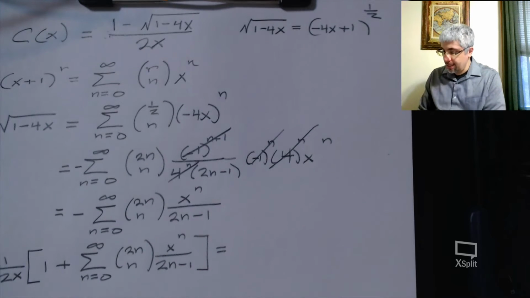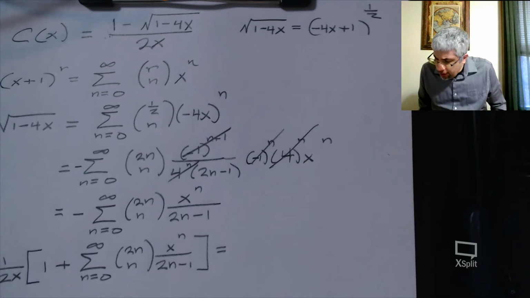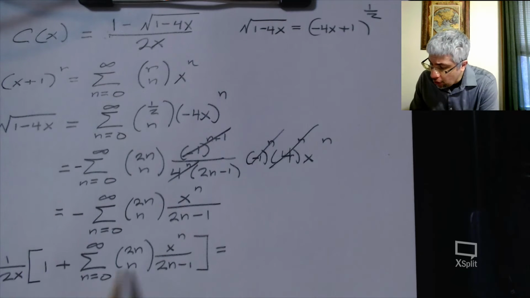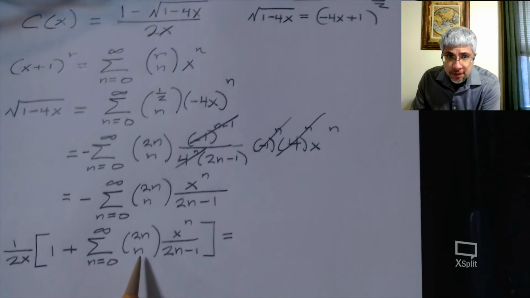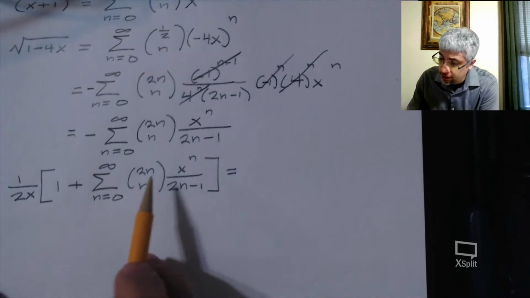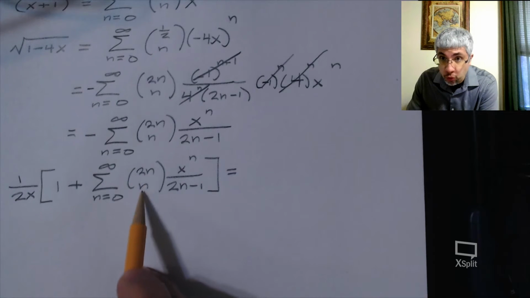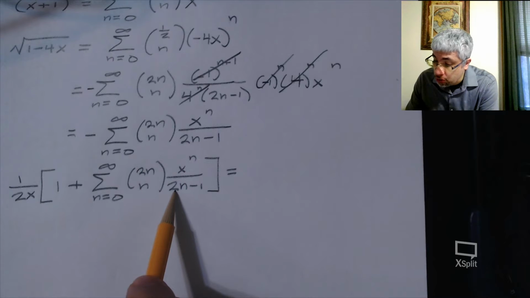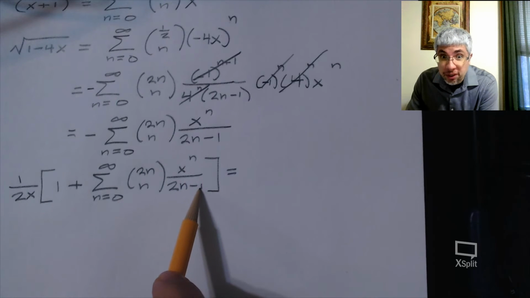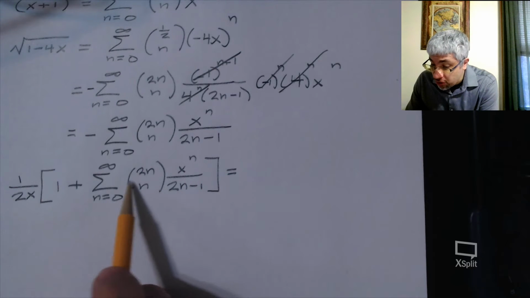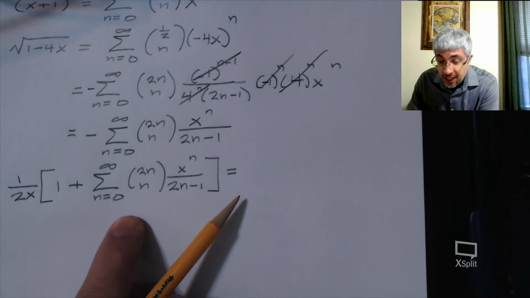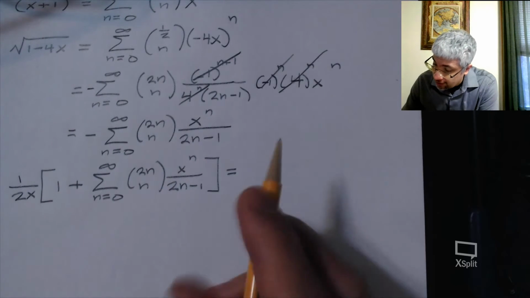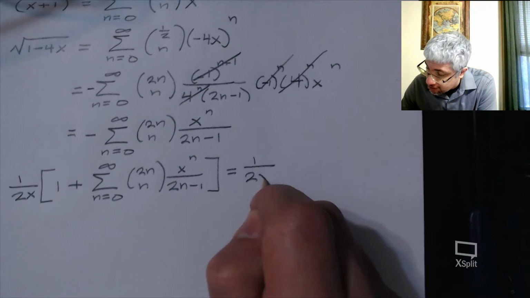So let's see what this is. One thing I could do is look at the very first term over here. The very first term is going to be 0 choose 0, which is 1, x to the 0, which is 1, and 2 times 0 minus 1, well, it's just negative 1. So the first term here is negative 1. That's going to cancel out that 1, and I could just start this series at 1.